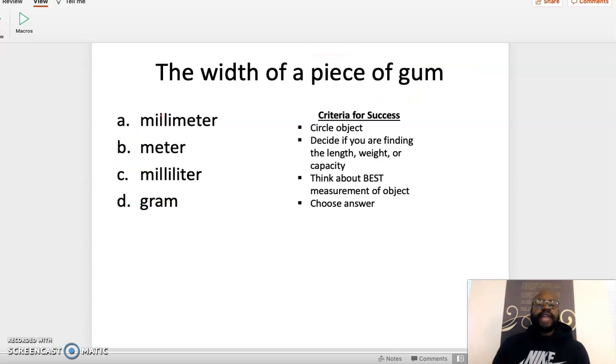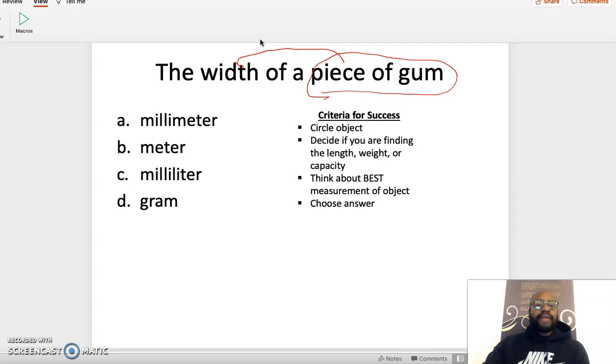Okay, and then the last one that we're going to do together is the width of a piece of gum. First thing I do is circle what I'm trying to find, which is a piece of gum. And what do they want me to find? It says the width. Width is like the length, how long something is, how wide it is. So I'm going to find the length. Length is measured in millimeters, centimeters, meters, or kilometers.